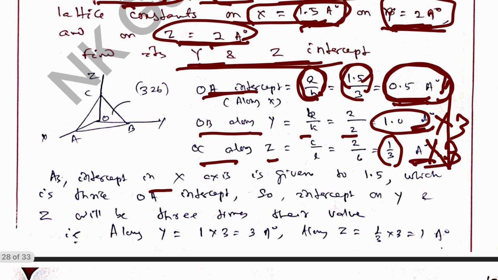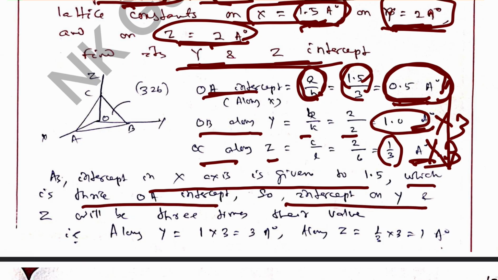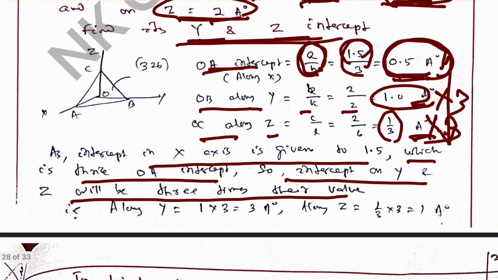So as the intercept on the x axis is given to be 1.5, which is thrice the OA intercept, the intercepts y and z will have 3 times their value. So y will be 1 angstrom into 3, 3 angstrom. z will be 1 by 3 into 3, it will be 1 angstrom.